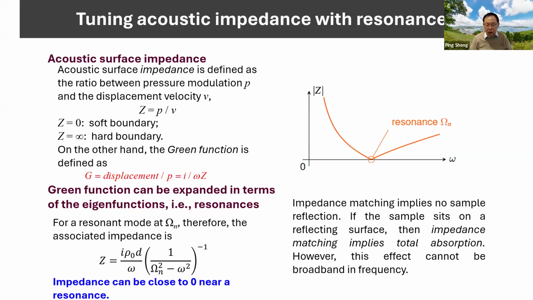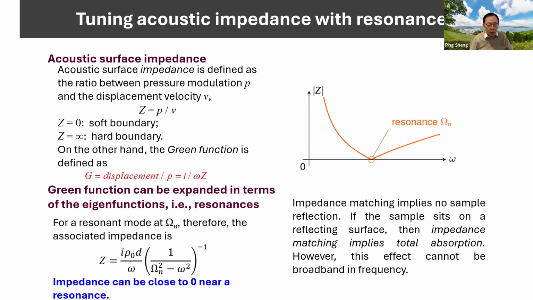We want to slightly deviate from that to match with the air impedance. So in other words, the lesson from here is that by using resonators, we can tune the impedance to the impedance matching condition. And that's the main thing.